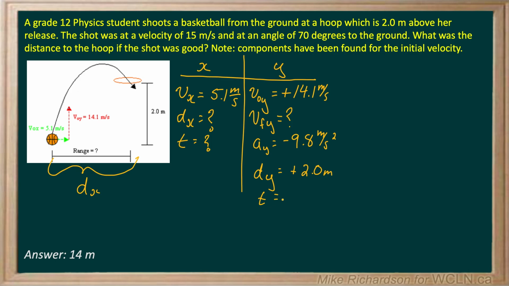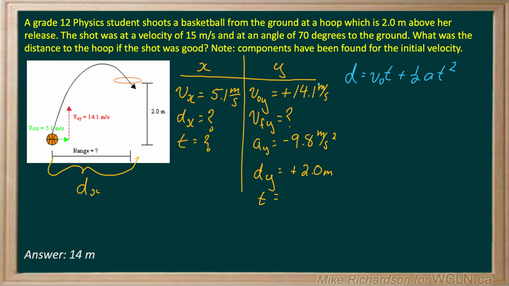So to proceed, if we were trying to find dx, we definitely need to find the time. So normally we look at this column and we go, okay, I want to find time. I don't know V final, so let's avoid equations with V final in it. And the common approach, and this is the solution that's presented in Moodle, is to go d is v0 t plus 1/2 a t squared, and then stay within this column and plug in all your values.